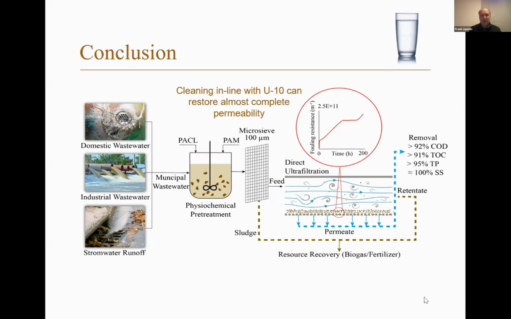The aim is to recover resources for biogas production or as fertilizer, and to have, after activated carbon, a very nice permeate which we can send out to nature. One of the things we certainly found out is that cleaning in place with Ultrasil 10 can almost completely restore the permeability of the membrane, and is therefore a nice cleaning method.